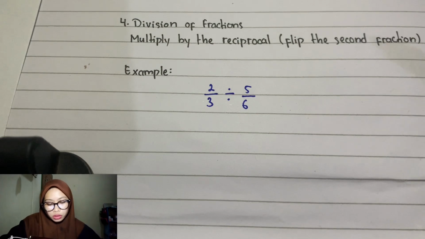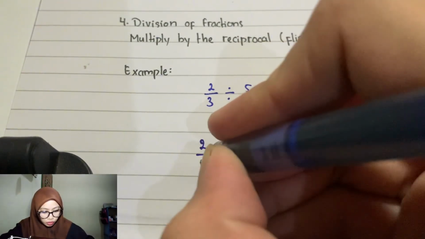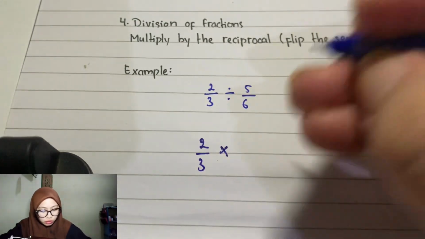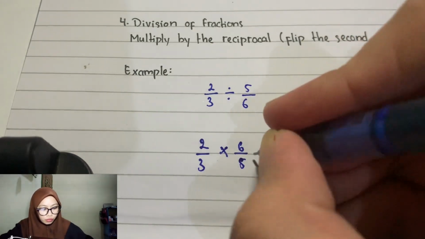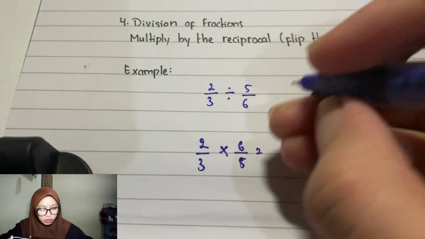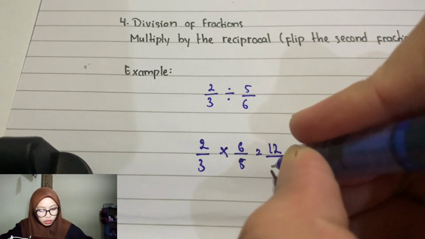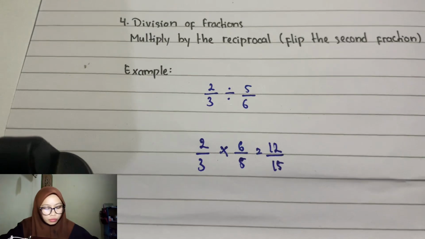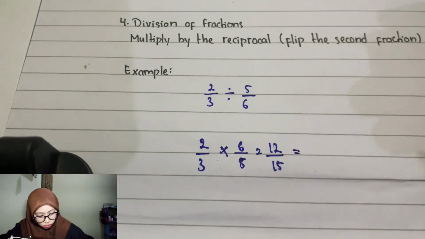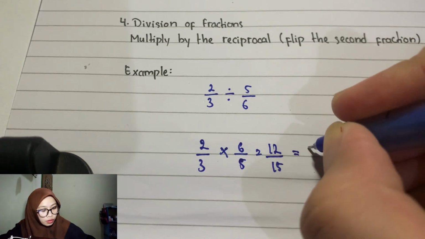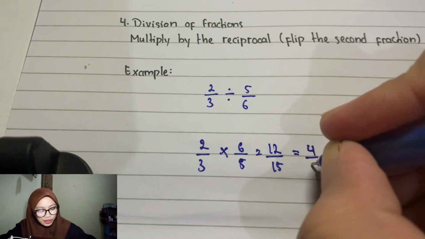If we flip the second fraction, it will become 2 over 3 times 6 over 5, which equals 2 times 6 is 12 over 3 times 5 is 15. Or we can simplify to 4 over 5.